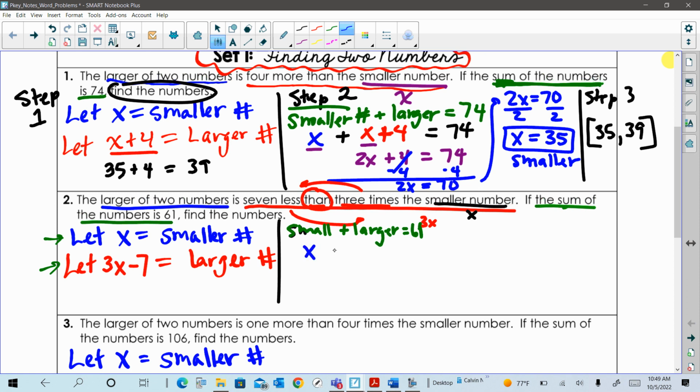There we go. Plus the larger. What was the larger one? Yeah, 3x minus 7. Good. Equals 61. Okay, there we go. We can combine these like terms. So this gets simplified as 4x minus 7 equals 61.